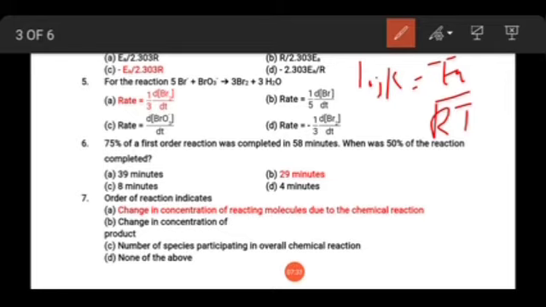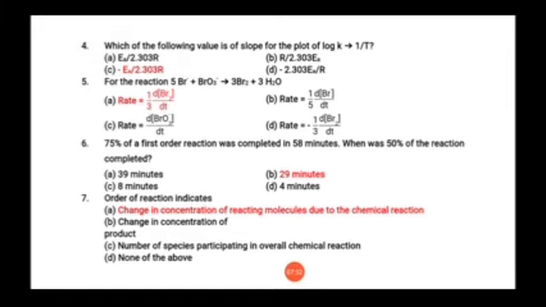So if the plot is of log K versus 1 upon T, then the slope must be minus Ea upon 2.303 R. So the answer of this question is option C, minus Ea upon 2.303 R.